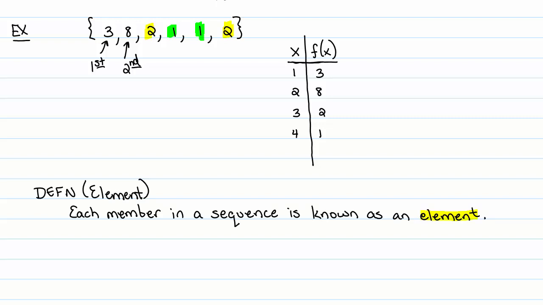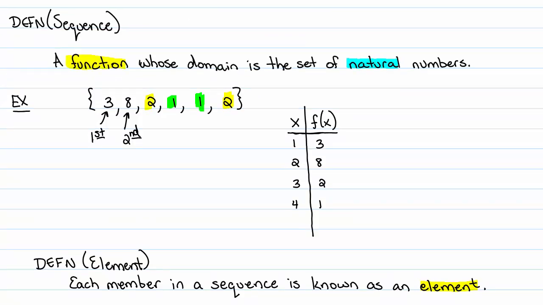And we can actually refer to an individual element in that list, as I have in this sequence here. I have the first member and the second member. We can refer to those members as their index. So that's the first element, the second element. That first is the index number, the first, and the second is the second element, and so on and so forth.